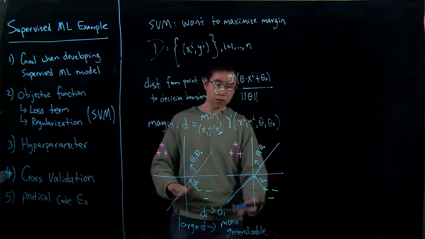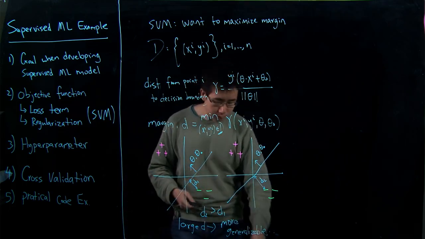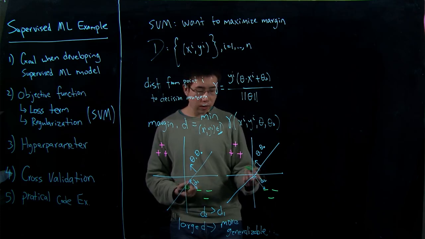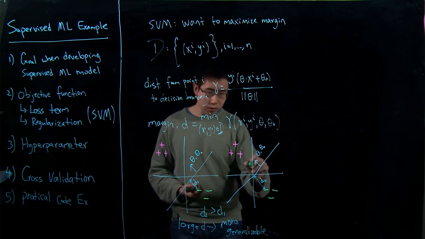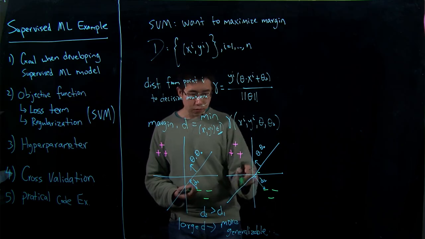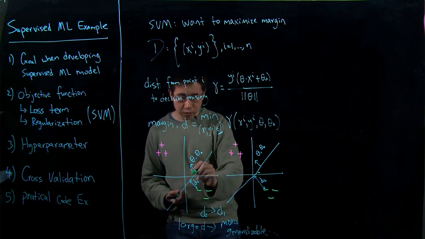This can be seen through a simple example. Let's suppose that we have a negatively labeled test data point, and it happens to be somewhere right here. Correspondingly, in this graph, it will be somewhere like here.